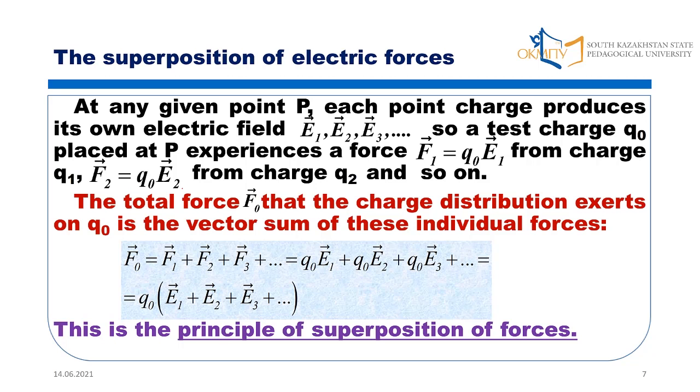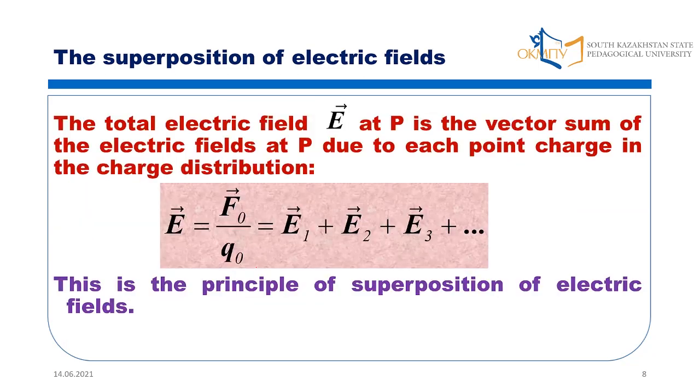The total force that the charge distribution exerts on the charge Q0 is the vector sum of these individual forces. This is the principle of superposition of forces.